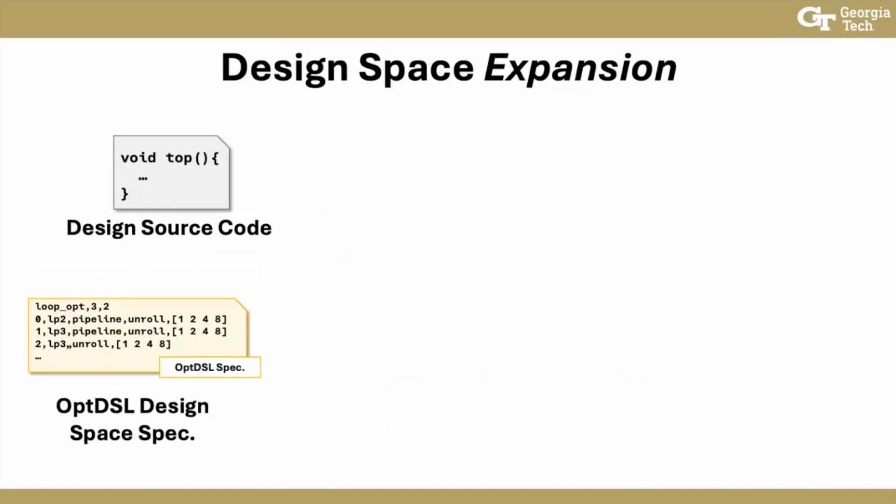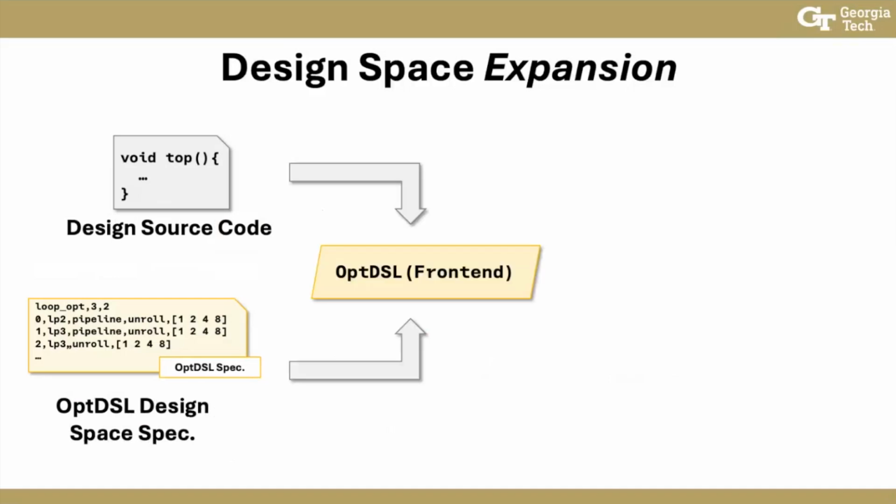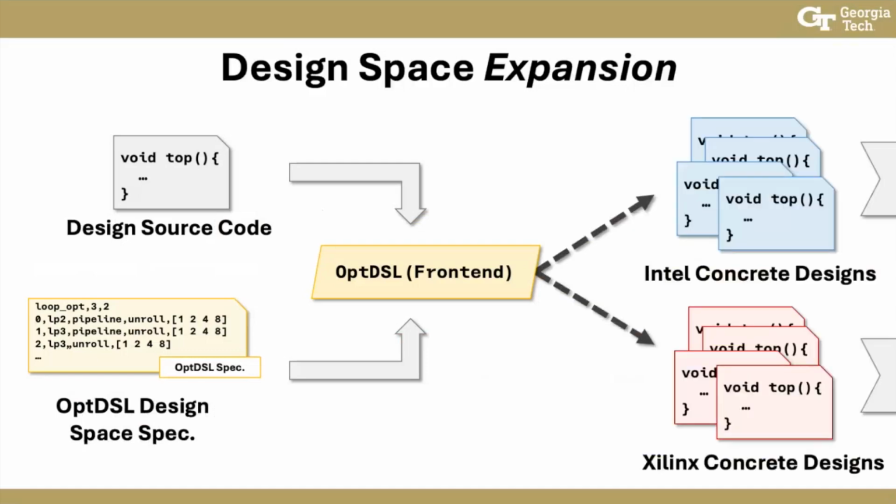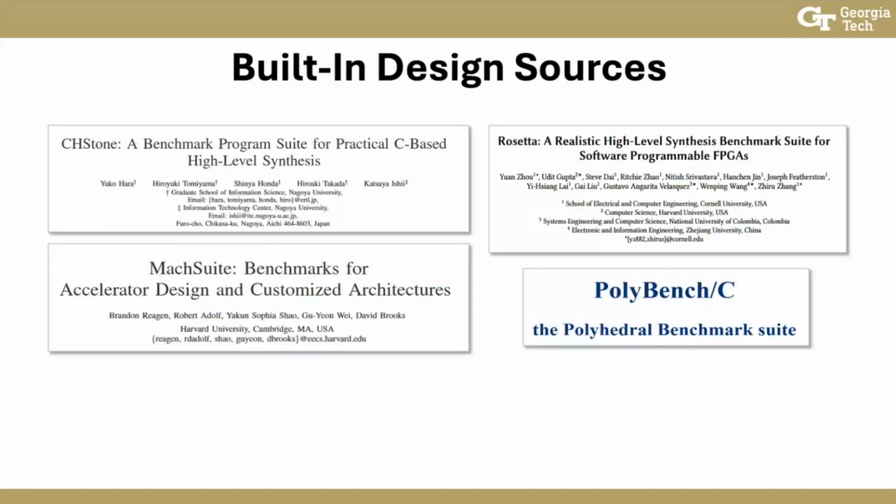And as an illustrative example, you take your design source code, you take this OptDSL spec, probably as a text file, and then you can generate different variations of designs for both Intel and for Xilinx. So it'll automatically be able to do both, which is very handy. Switching gears a little bit to the actual design sources.